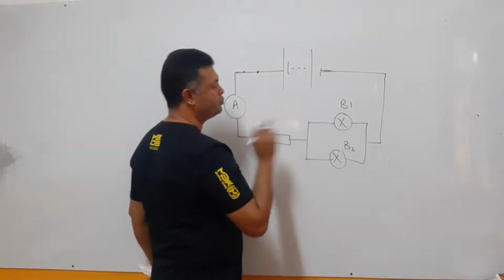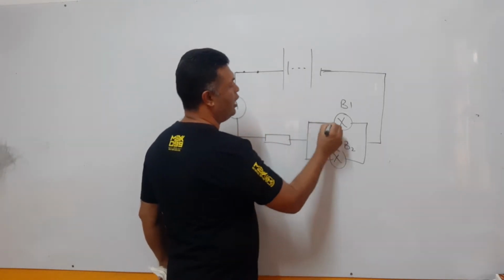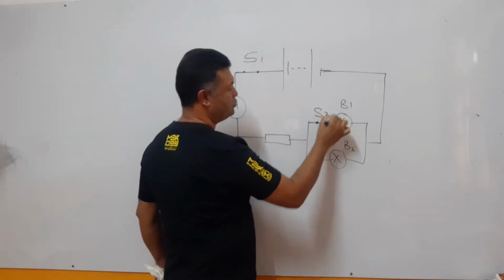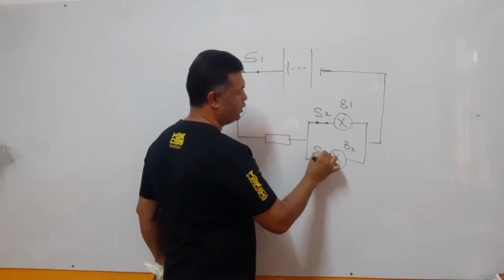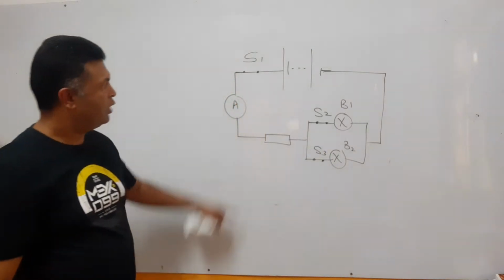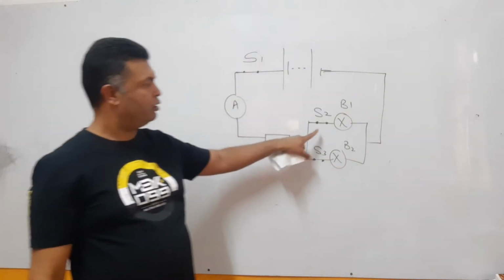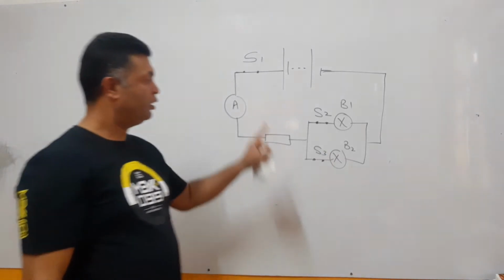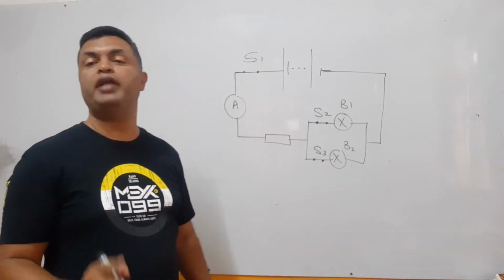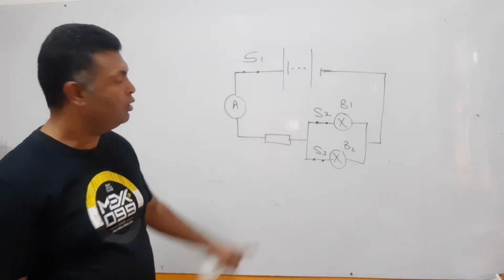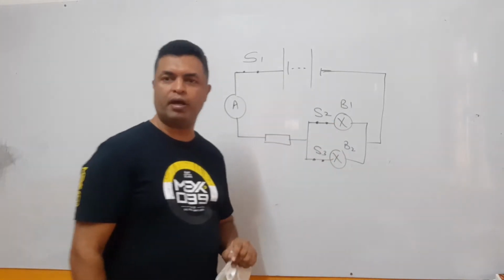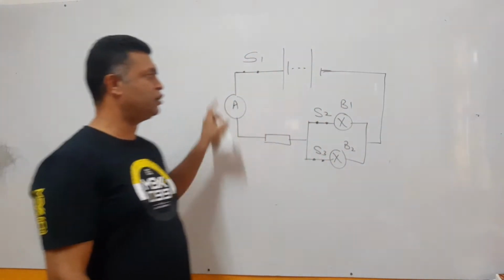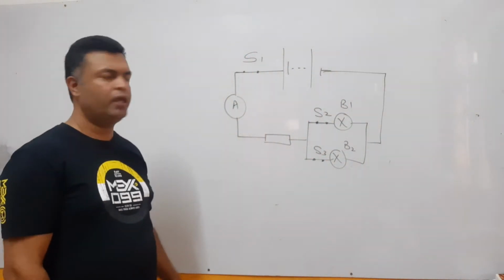Let's say here I have a switch. This is called S1, S2 here, S3 here. So you have a switch here, another one here, S2 and S3. First of all, the bulbs are connected in parallel. So these two are connected in parallel. Then you have the resistor connected in series in the circuit, including the ammeter.